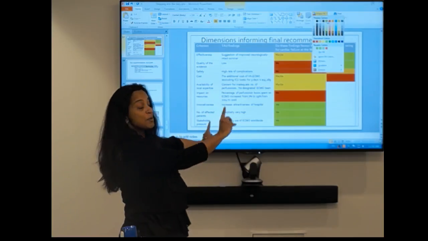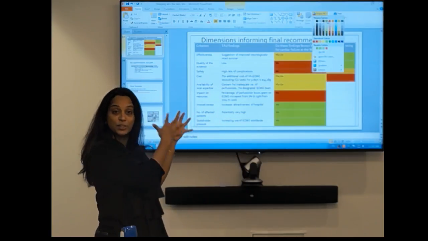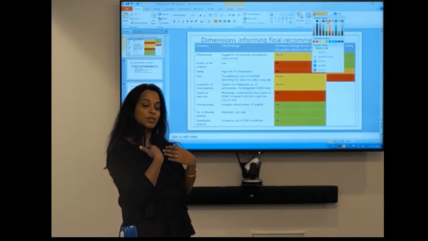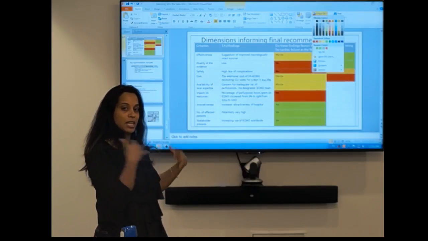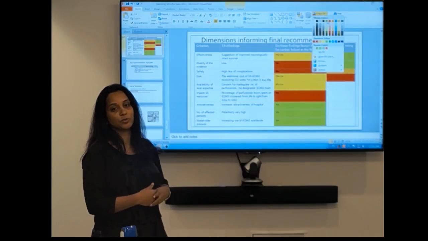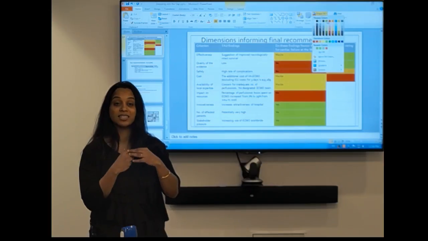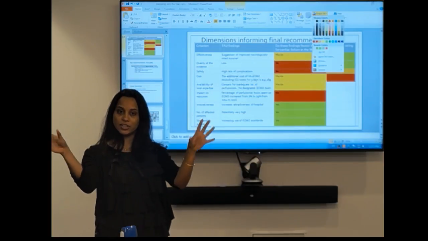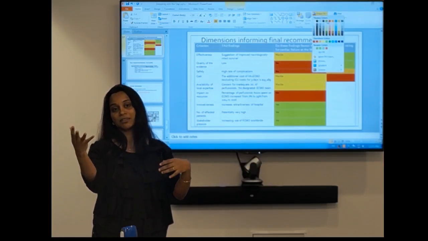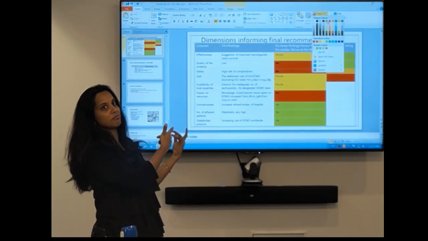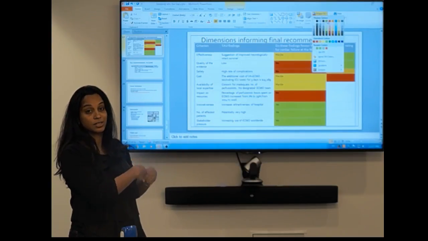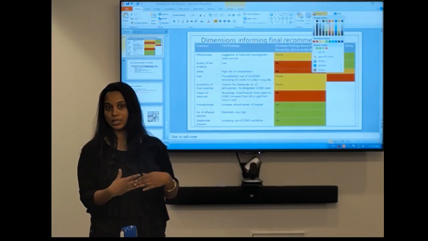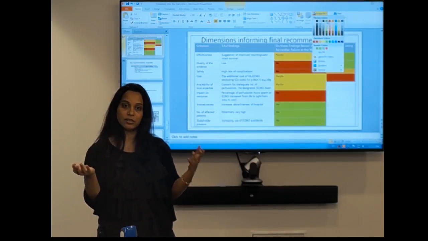Well, wait. This is actually done individually, right? So you would fill this in, and there wouldn't be anyone else telling you what to do. But then when you go to the meeting, you can see where you were versus the general group, because we provide them with an aggregate. So, say 80% thought that cost was important, but you thought it wasn't, and that's when we had that discussion.